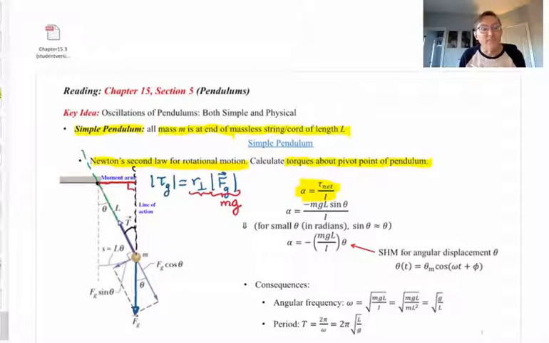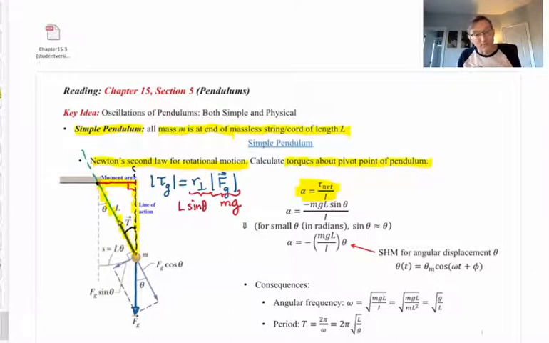That's also theta. So then, look at this right triangle right here with these sides. Right there. The moment arm is equal to hypotenuse times sine theta. L sine theta. There's your moment arm.